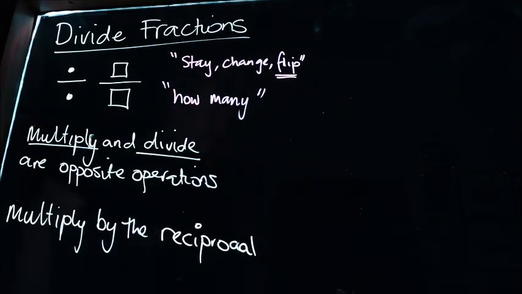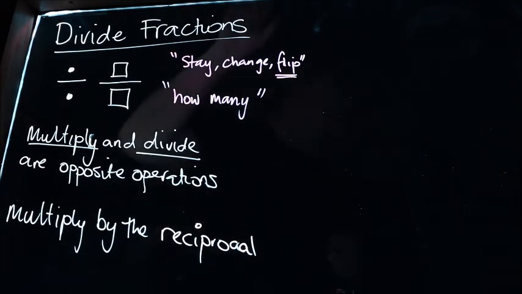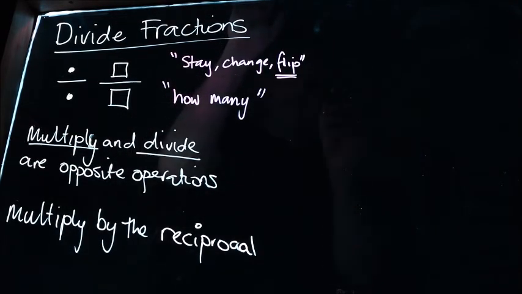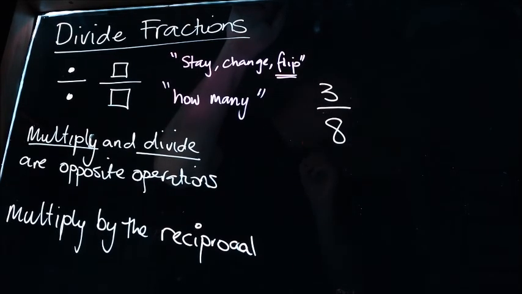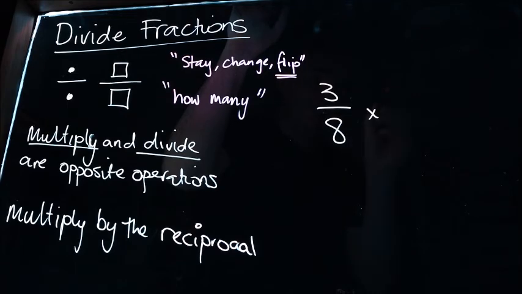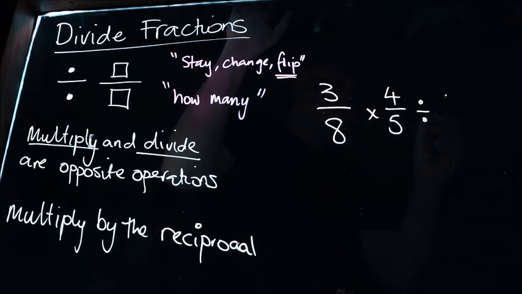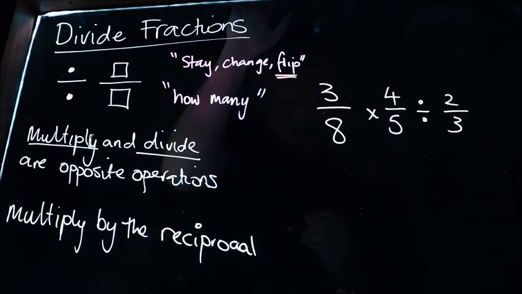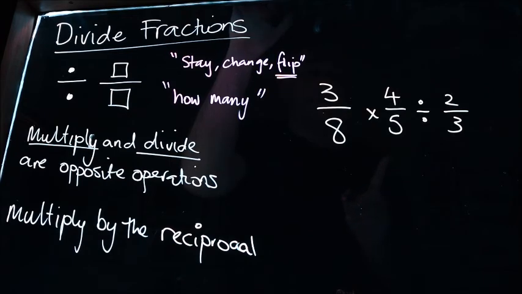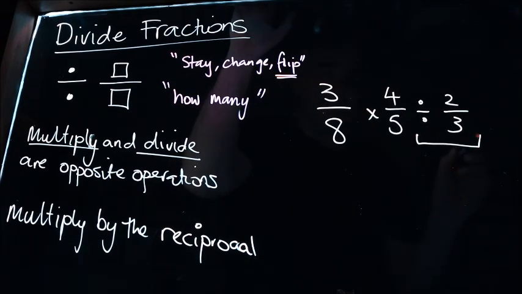Okay, final thing I want to say is you might run into some questions that look kind of complicated. We might have 3 over 8 times 4 over 5 divided by 2 over 3, for example. Okay, now my advice is that you need to focus in on this bit, and you need to apply the stage change and flip.